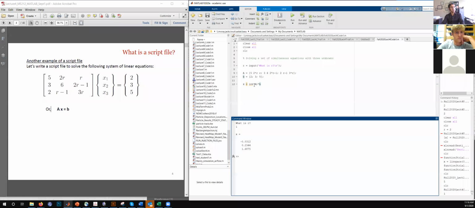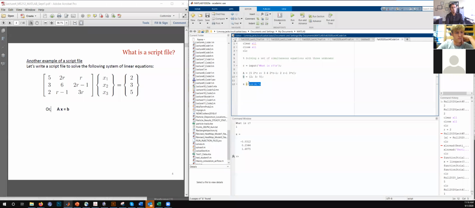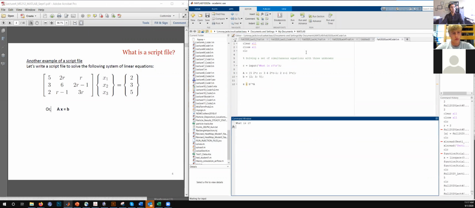But let's try out the other suggestions that we received. So let's do B transpose multiplied A. Is that what the suggestion was? Yeah, it was. Okay, so let's save this. So let's remember what we have here, minus 0.0312 for X. And let's run this now. Again, press 1 for R. And we don't get the same number.